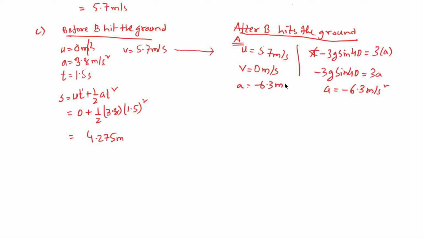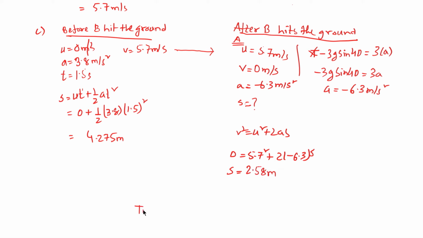Now we need to find the remaining distance moved by A upward. For this we can use the formula v squared equals u squared plus 2as. So v will be 0 equals 5.7 squared plus 2 into minus 6.3 into s. So our s will be 5.7 squared divided by 2 into 6.3, so that will be 2.58 meters.